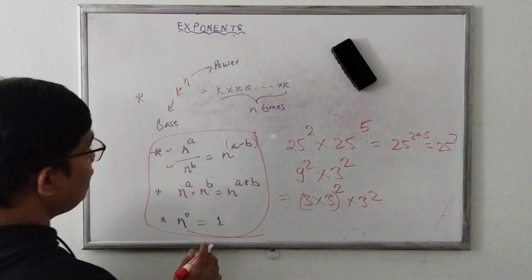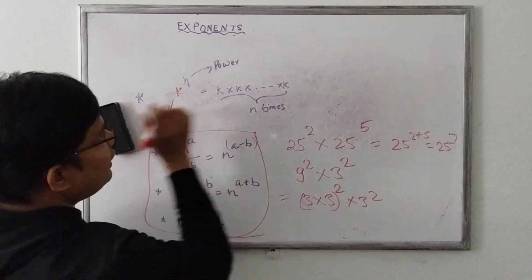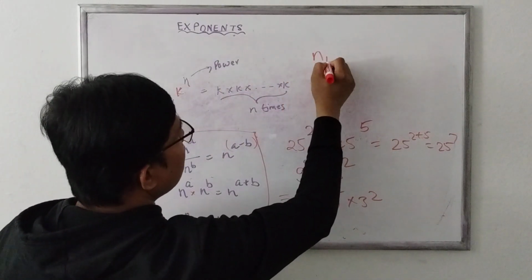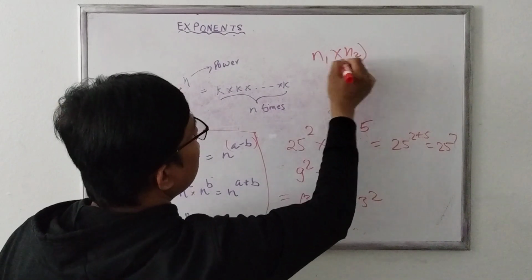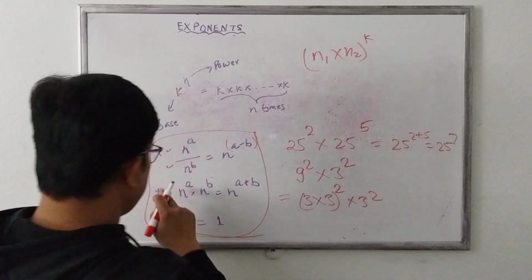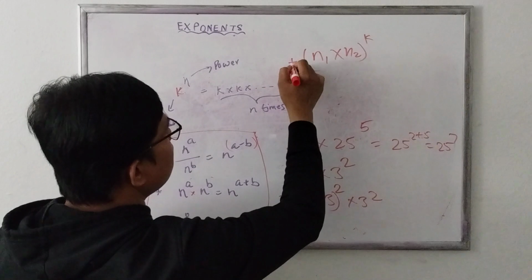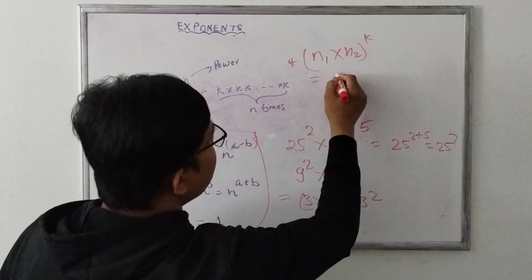Okay, one formula we forgot to write here. Another formula: if there are two numbers, n1 times n2, raised to k, this is the fourth formula.